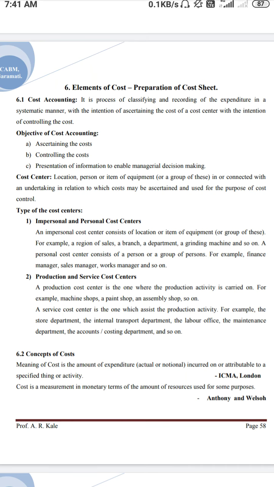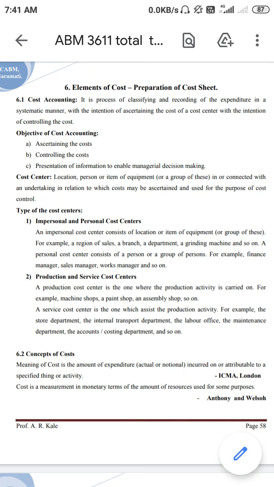Such groups of people or locations are selected as cost centers, like a particular branch of any organization is selected as a cost center. Then the marketing department should be selected as a separate cost center. These are the various cost centers selected.